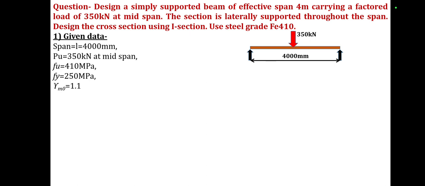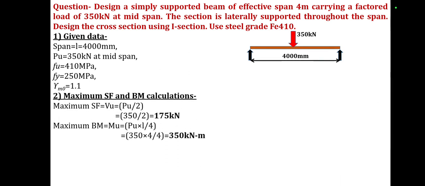Fu is 410 MPa, Fy is 250 MPa. Gamma M0 from table number 5 is 1.1.